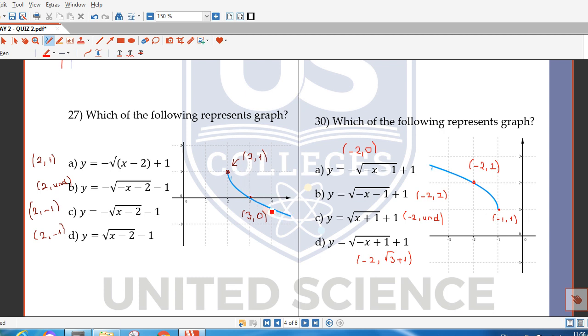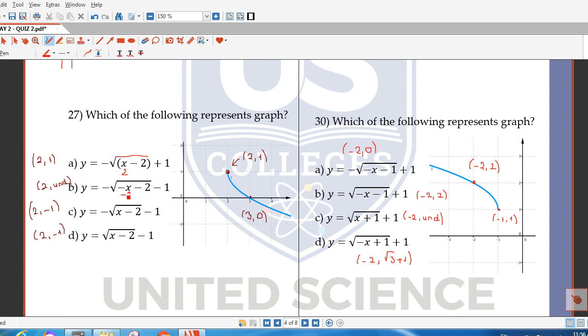If I pay attention, the curve has 2 points, for which it is clear to know the coordinates: 2, 1 and 3, 0. You may use any of them. I want to use 2 and 1. What is the meaning? Which function is going to satisfy 2 and 1? It will be the answer. If I write 2 here, 2 minus 2, 0, square root of 0, 0, plus 1, so it is 2 and 1. Don't decide immediately, see the others.